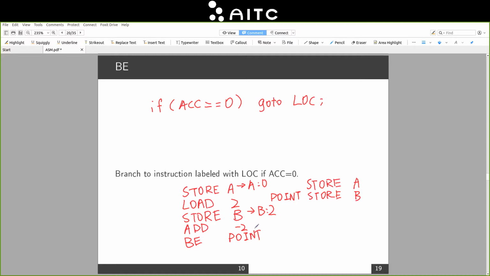And add negative 2, and then ACC is 0, so BE point, so the program will jump to point and this line will be ignored. Store B. Now ACC is 0, so B is 0. So the values of A and B are both 0.